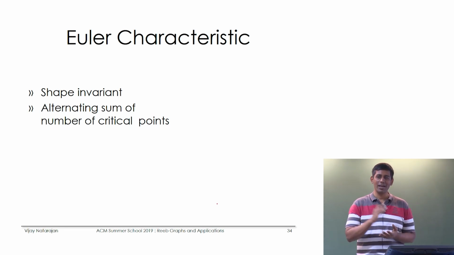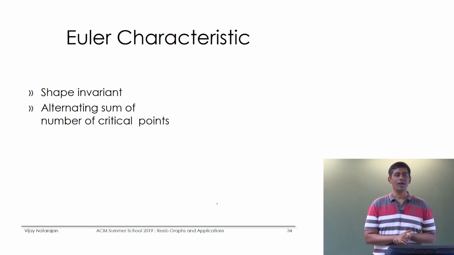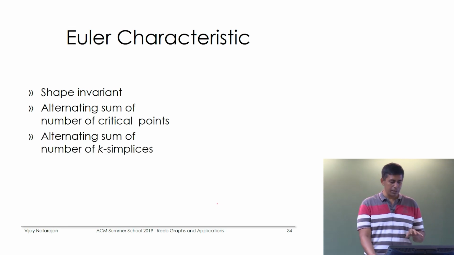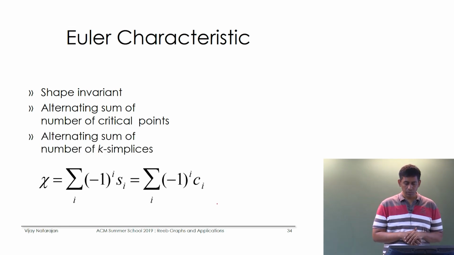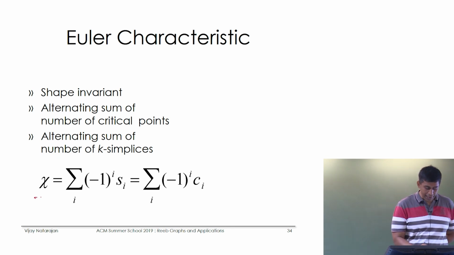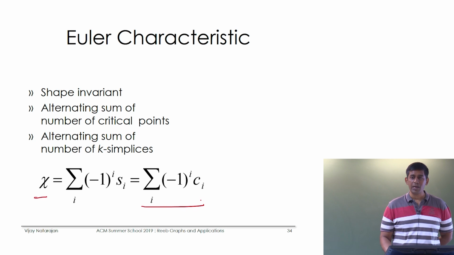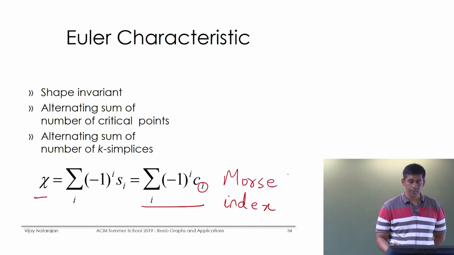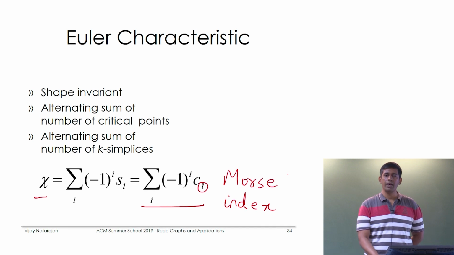But why do we introduce it? The reason is that there is a relationship with what we have seen so far. The Euler characteristic chi is just the alternating sum of the critical points that we saw. There is another formulation, we will not look at this first. Let us look at this formulation. The Euler characteristic is equal to the alternating sum of the number of critical points, where i is the Morse index.